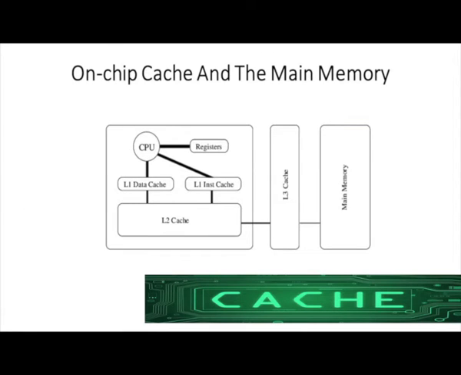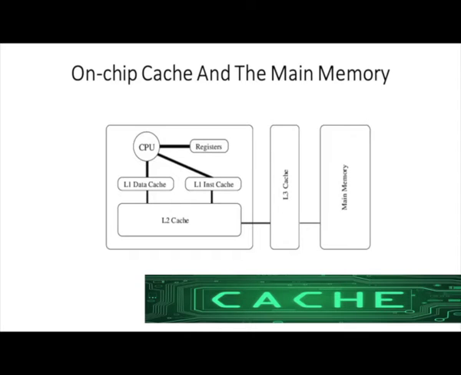Here in the figure you can see on the left side the CPU, a cache memory in the middle and the main memory at the other end. The main memory is a bit slow compared to the speed of the CPU. Therefore, we have to match the speed of the CPU and the main memory using a faster small memory called the cache memory.